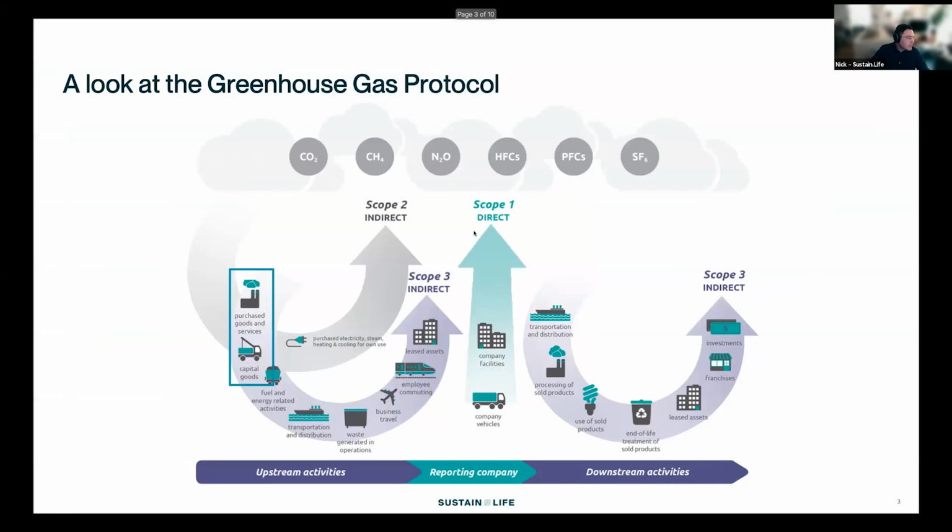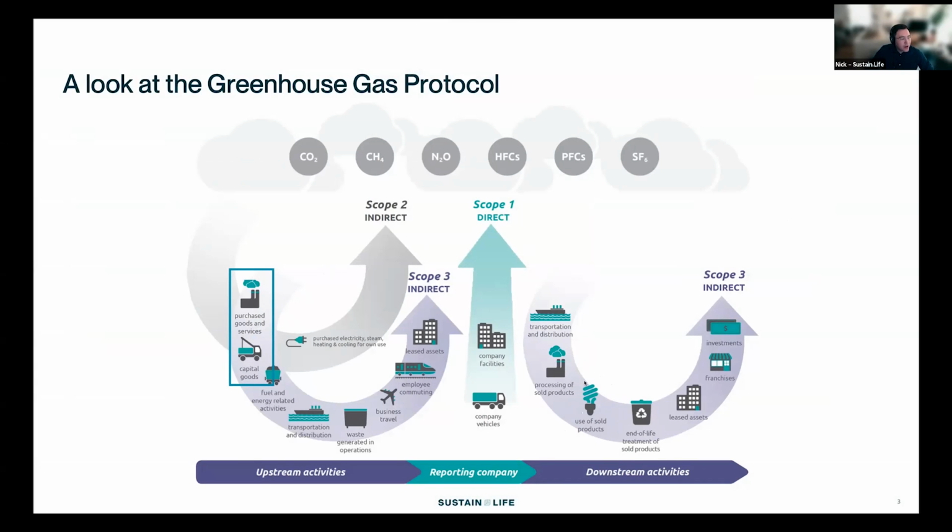So Adam is asking about purchased goods and services relative to these downstream categories, use of sold products, and end-of-life treatment of sold products. So just some background. Purchased goods and services, as I said, that's the emissions of everything until you acquire the good.